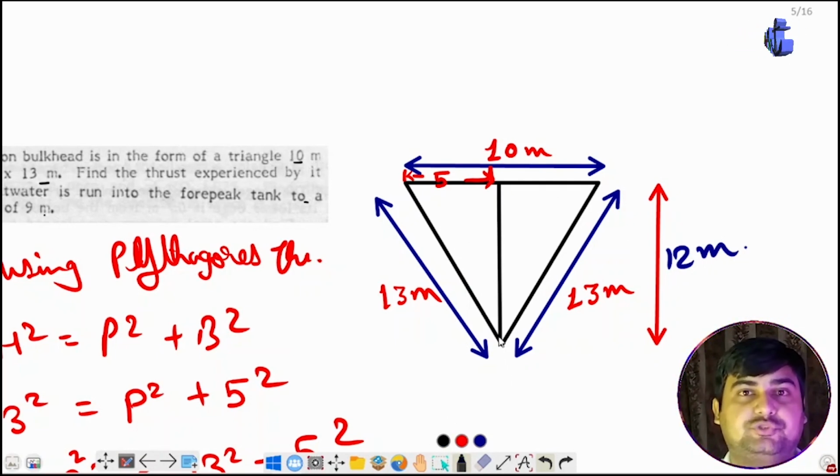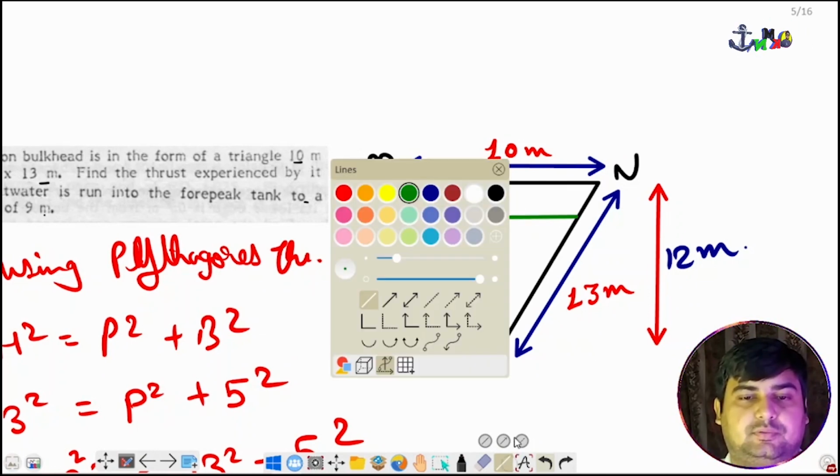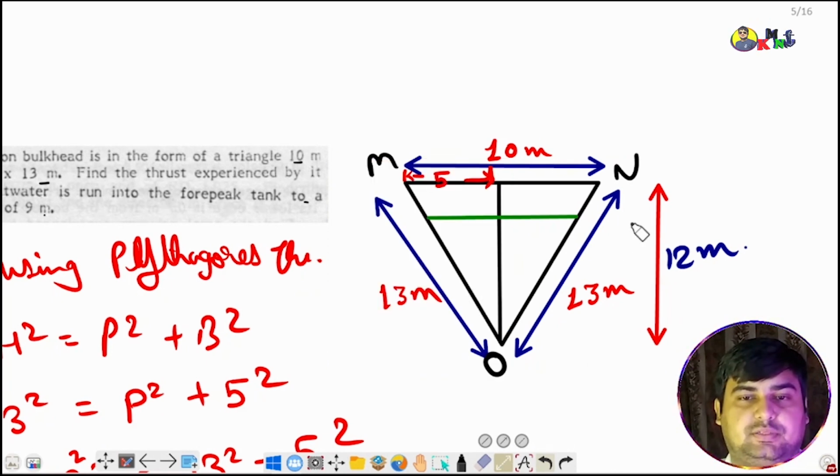Before we proceed, we will label the diagram. So we can say this is triangle MNO. Now it is filled to a sounding of 9 meters, as we can see from here. So we will mark the sounding, that is 9 meters. So now we know that this height is 9 meters.